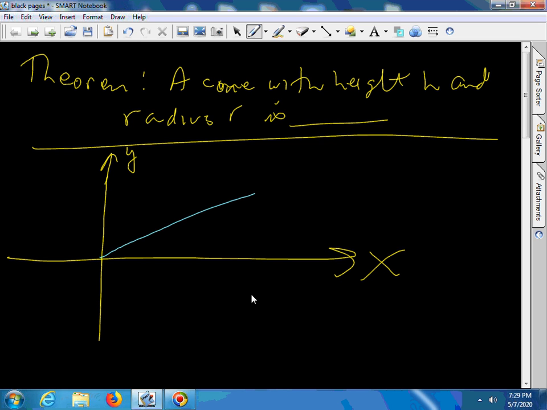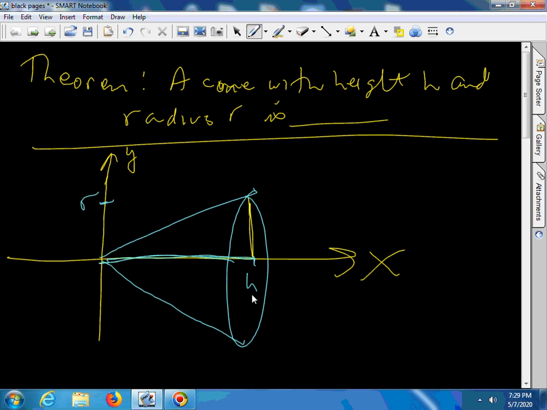If I take this line where the height is h, or that's h, and this is r, and I rotate this about the x-axis, I'm going to get a cone. And you know what? The height of the cone is going to be h, and amazingly, the radius is going to be r.